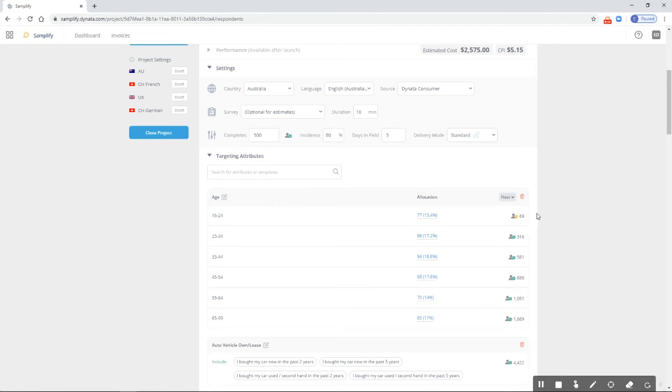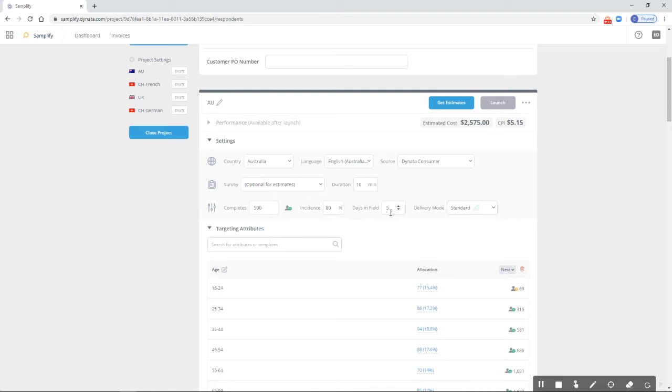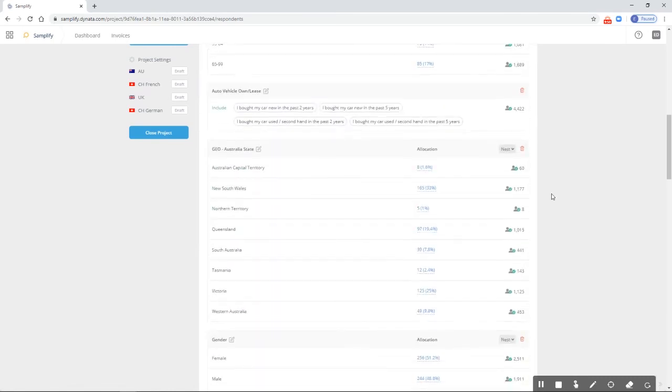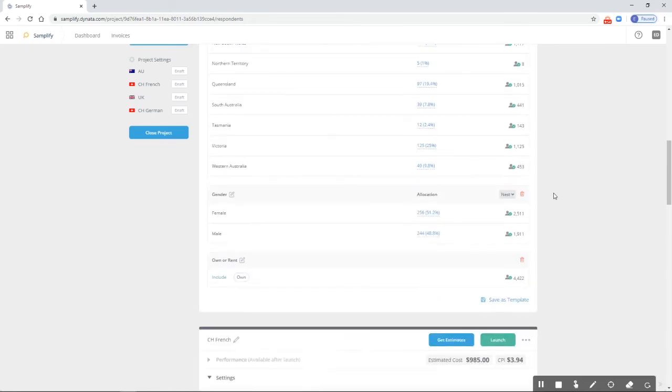But what we can do, once we see that at the 3rd, 4th day, monitoring the field, we didn't see much progress from the 3rd overnight to the 4th day, I would definitely pause your study, clicking on the 3 dots, pausing, and taking out one of the targeting parameters.